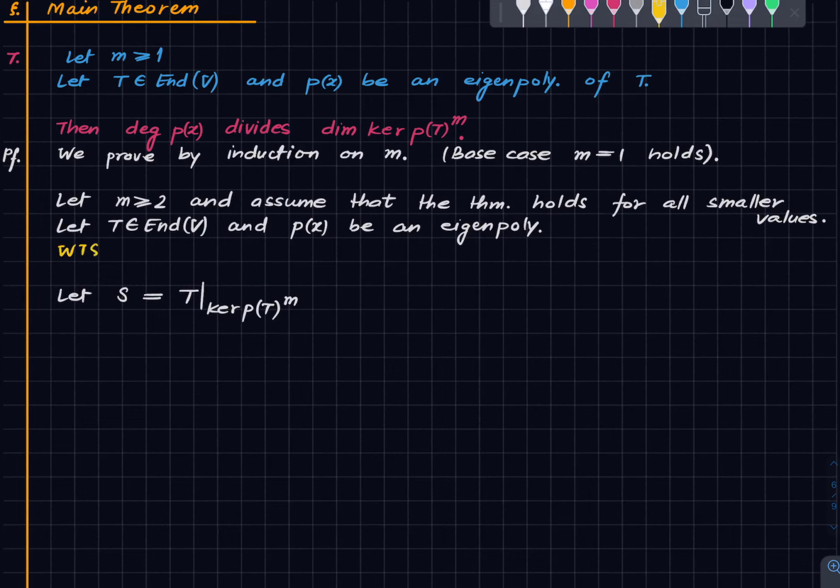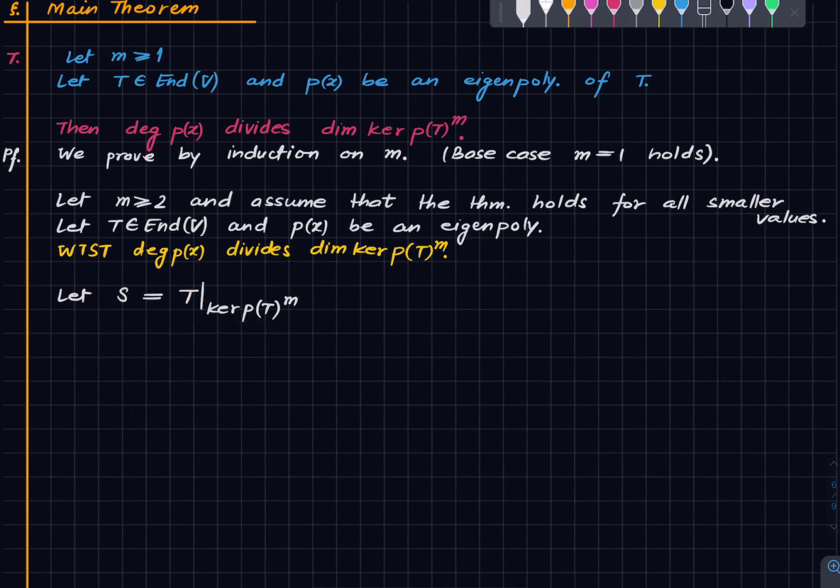We want to show that degree Px divides this dimension. Right, so that is our setting, and now we define capital S as this endomorphism. Since this is a T-invariant subspace, this is legitimate. And here, note that.